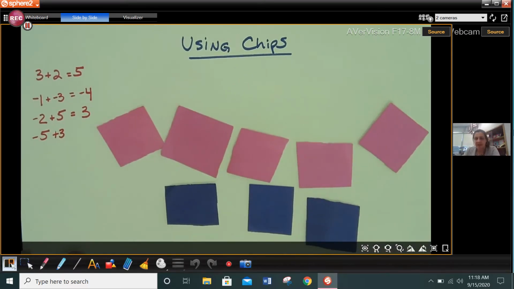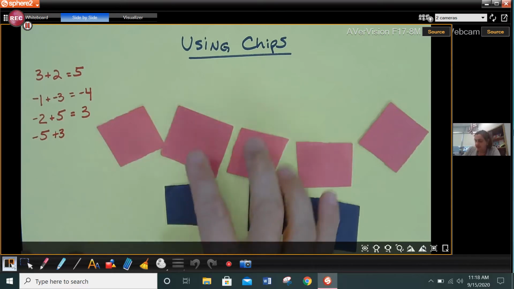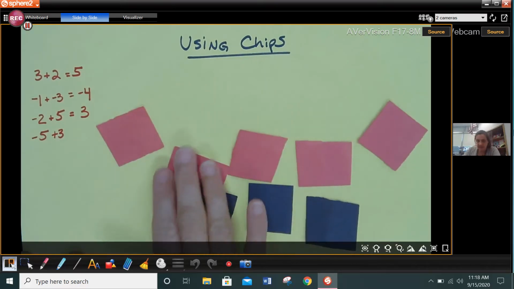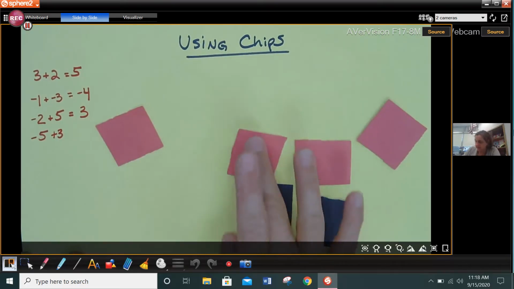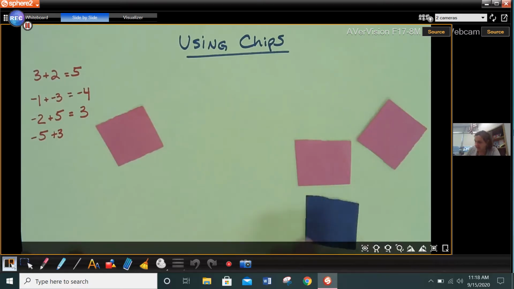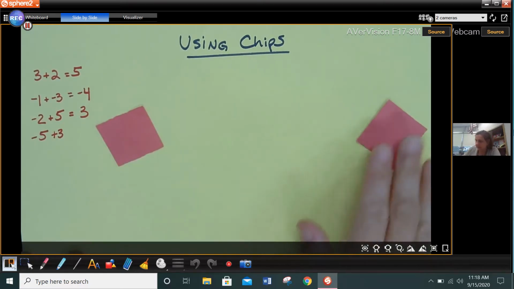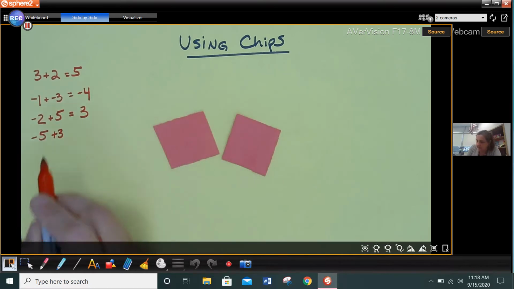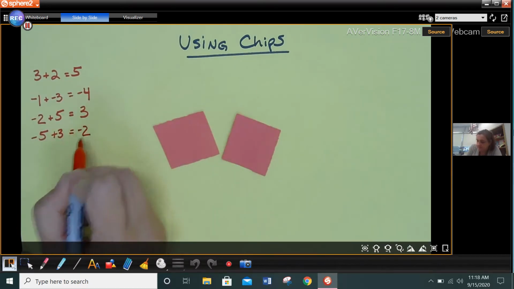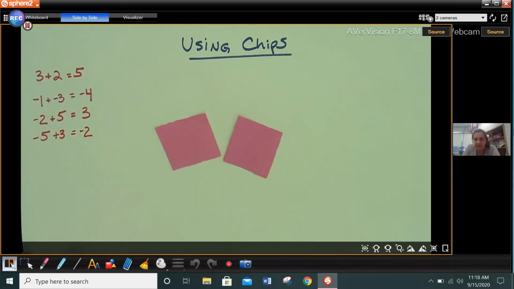What's my value? Well, together, this is nothing. Take it away. These 2 are nothing. And these 2 are also 0. So I'm left with just $2 worth of debt. That's how we use chips.